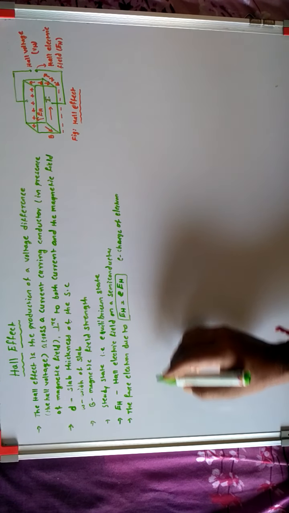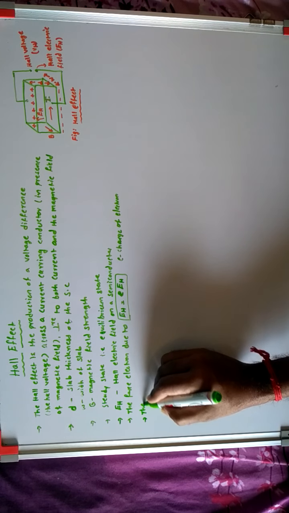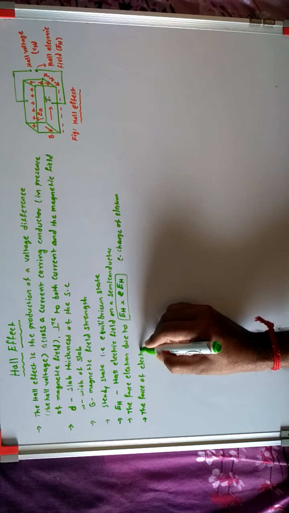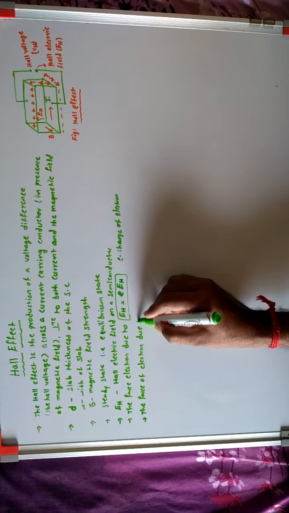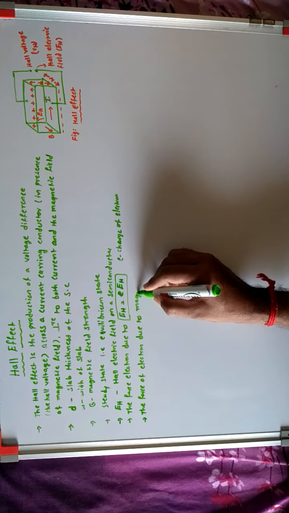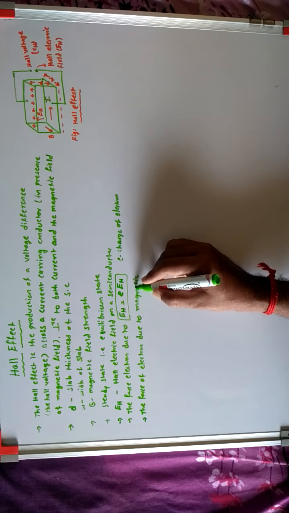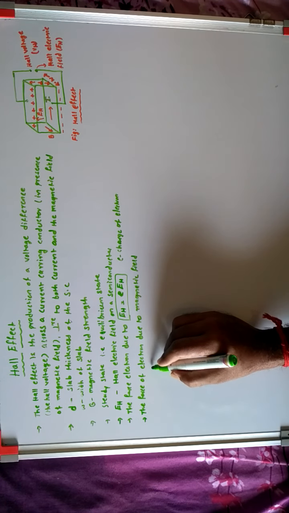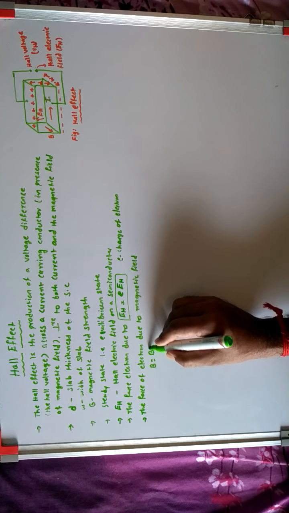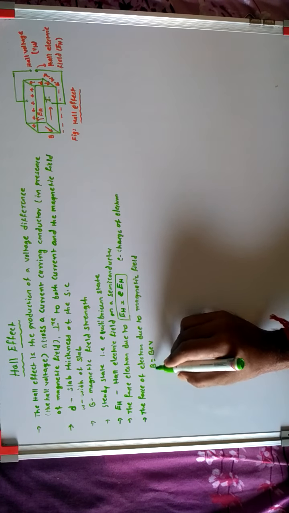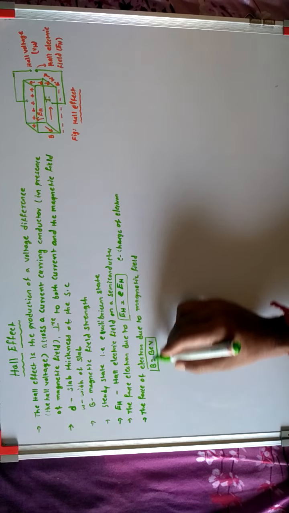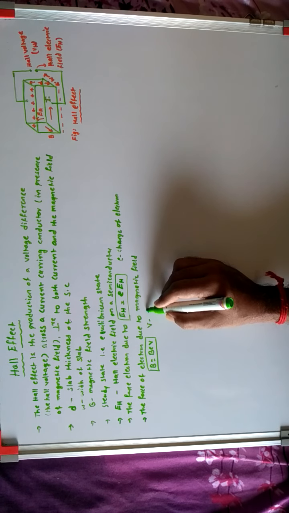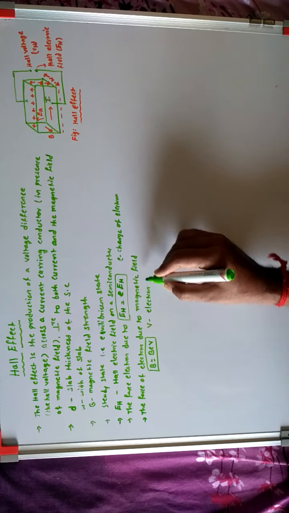The force on the electron due to the magnetic field is B e V, where V is the velocity of the electron.